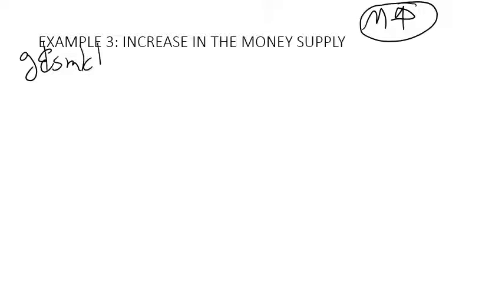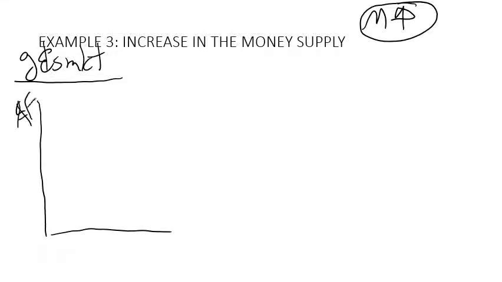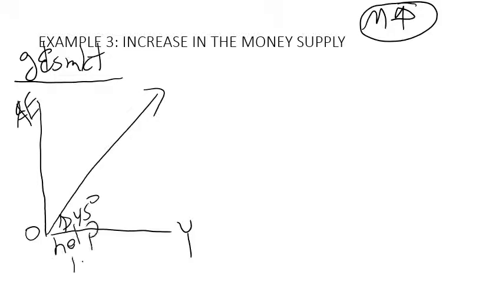Third and last example, it's an increase in the money supply. It's an increase in M. Okay, so the goods and services market: aggregate expenditures, GDP, and the 45-degree help line.